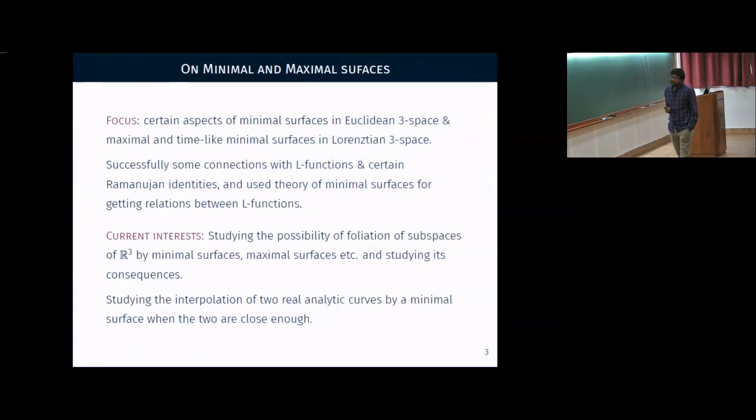The current interests of the group are studying the possibility of foliation of subspaces of R3 by minimal surfaces, maximal surfaces, etc. And what are the consequences of such a foliation? Also, they're interested in the study of interpolation of two real analytic curves by a minimal surface when the curves are close enough.